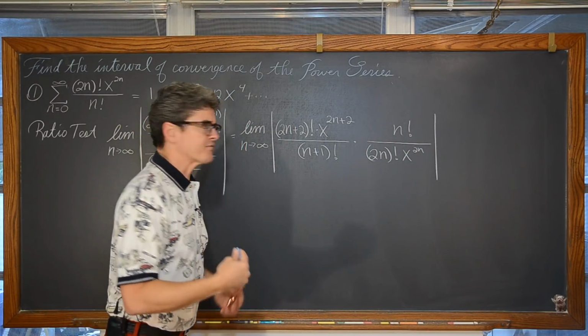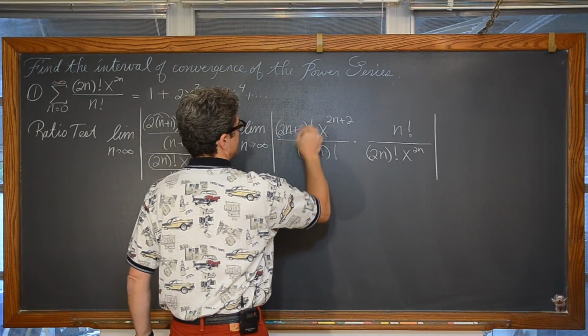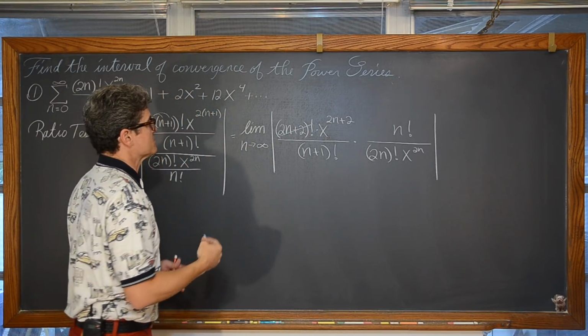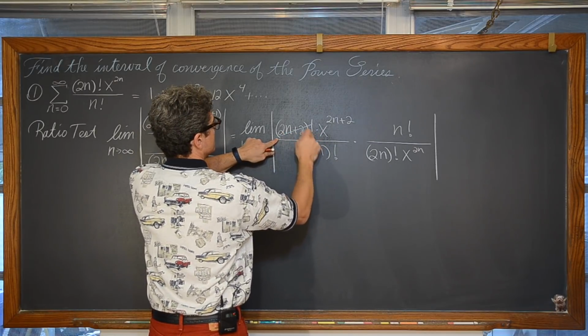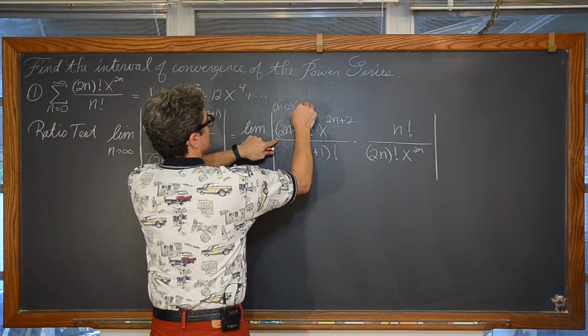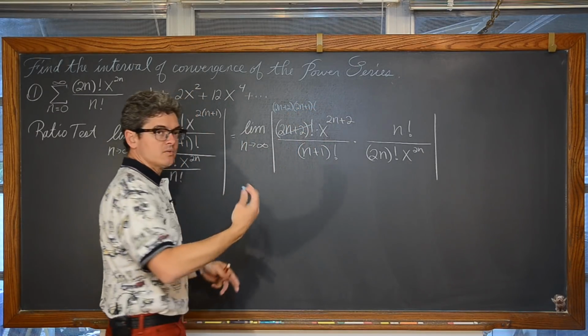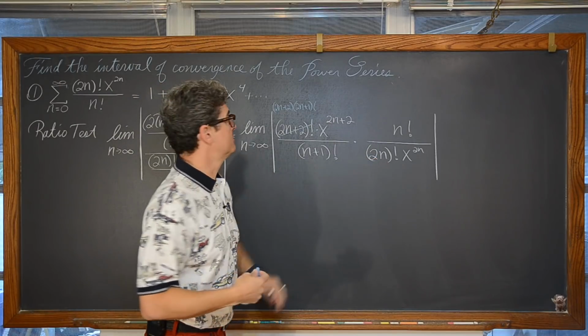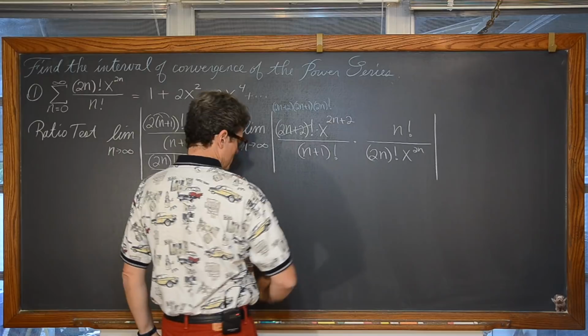Hopefully with all that practice from the section where we first learned the ratio test, you saw a lot of this expansion and got used to expanding these factorials. But just to show you one more time, (2n+2)! is 2n plus 2, count down by 1, 2n plus 1, and then count down by 1 again, and we get to that (2n)!. So I'm going to go ahead and just stop there and write (2n)!.